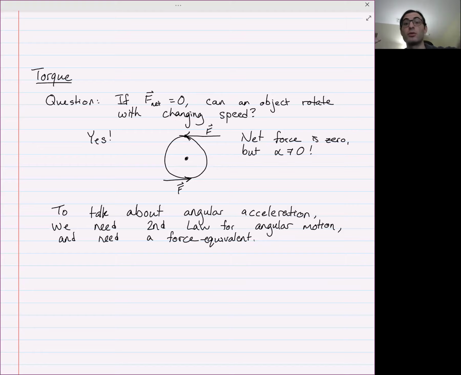So just like how if we want to talk about acceleration of an object, translational acceleration, we need Newton's second law and we need force. If we want to talk about angular acceleration, we need some sort of angular second law and some sort of angular force. And so this force equivalent, that's what torque is. So torque has a rotational second law.